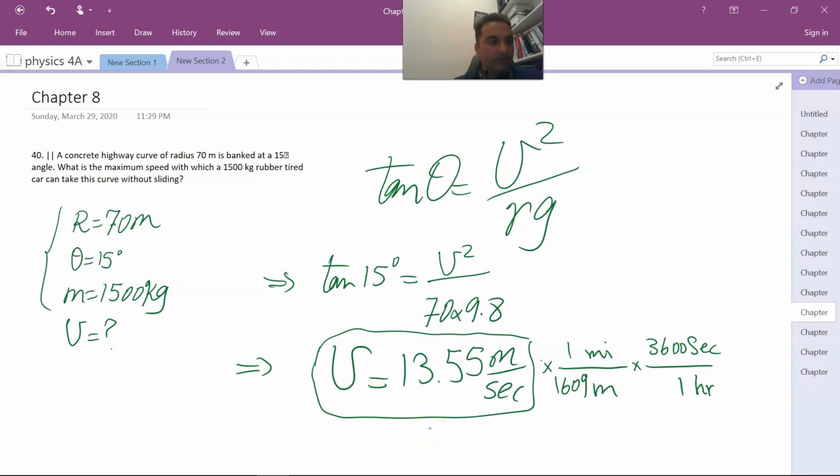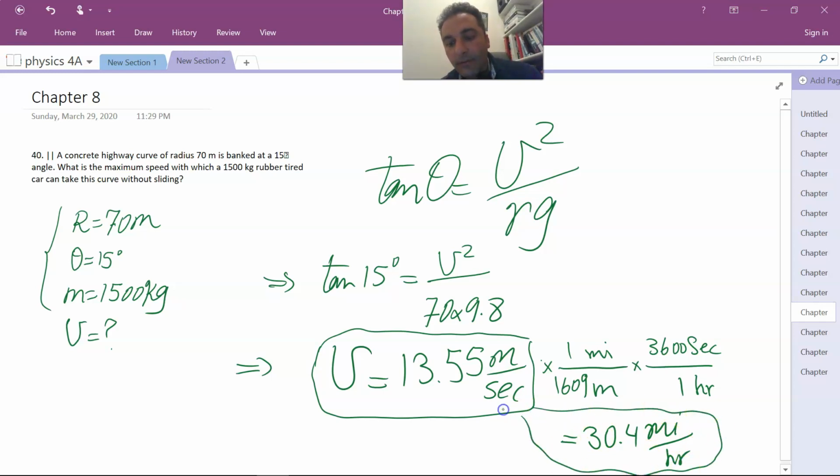So if you do that number times 3600 divided by 1609, it's almost 30.4 miles per hour. So if you go with 32 miles per hour, your car will slide out 100%. Okay.